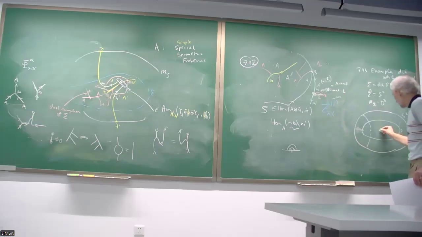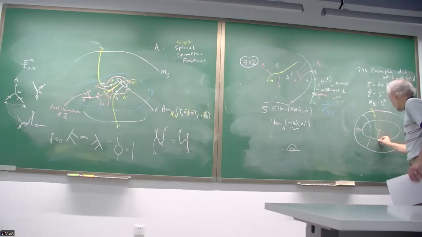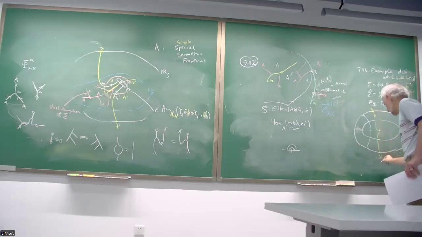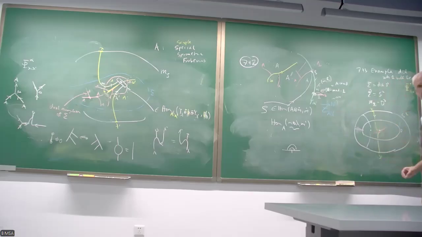So we have a lambda line ending, say, here, and a lambda prime line ending on the other side. And then we need our dual triangulation. One way to choose it is just like that. If I would add something more here, I have representation morphisms.